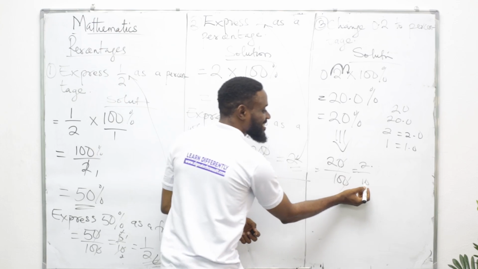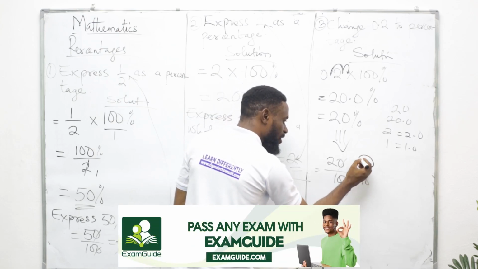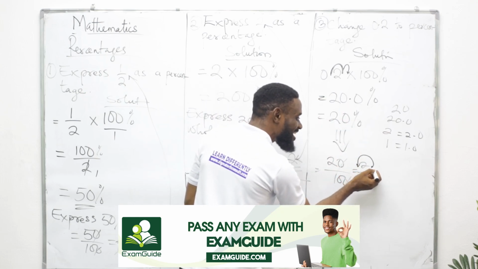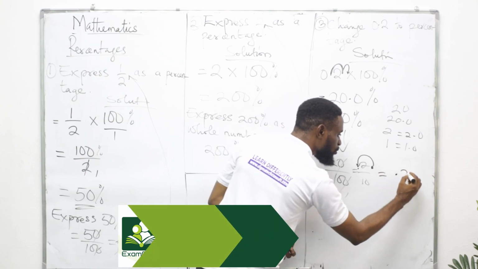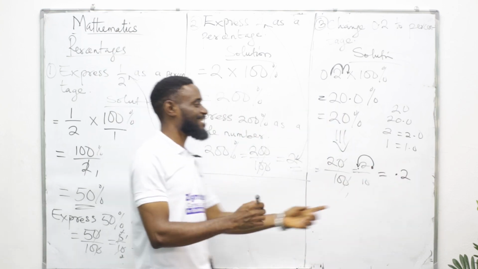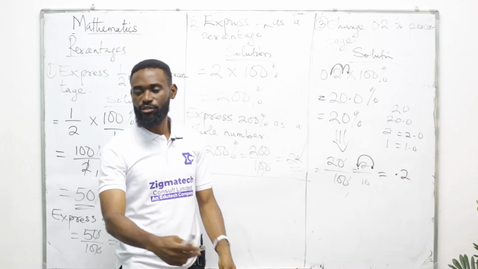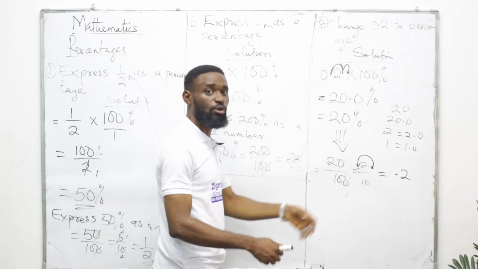So what that means is that since 10 is just 1 zero, this decimal point moves how many times? 1 time to the left. So this decimal point that was here is now here. So this means 0.2. The point has left the back of 2 and is now before the number 2. Do you understand that now? So this is 0.2.